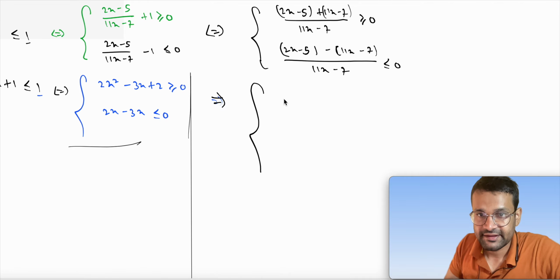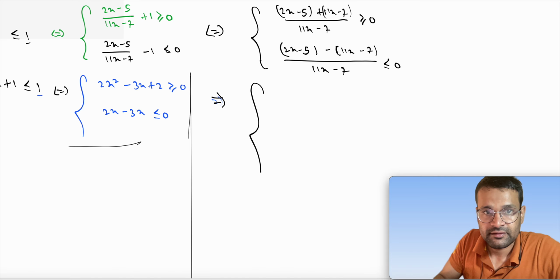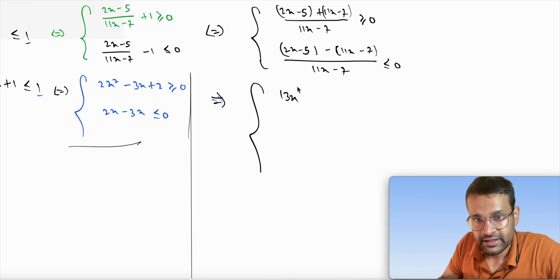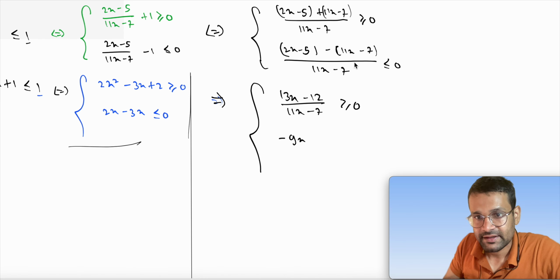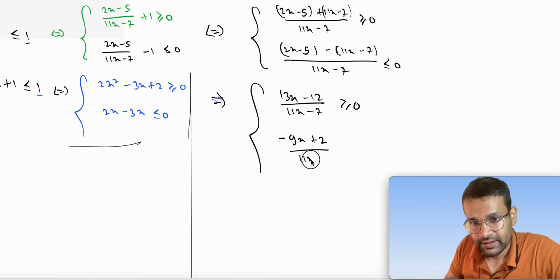Now this inequality is written like that: 13x minus 12 by 11x minus 7 greater than or equal to 0. Now you can write minus 9x plus 2 by 11x minus 7 less than or equal to 0.